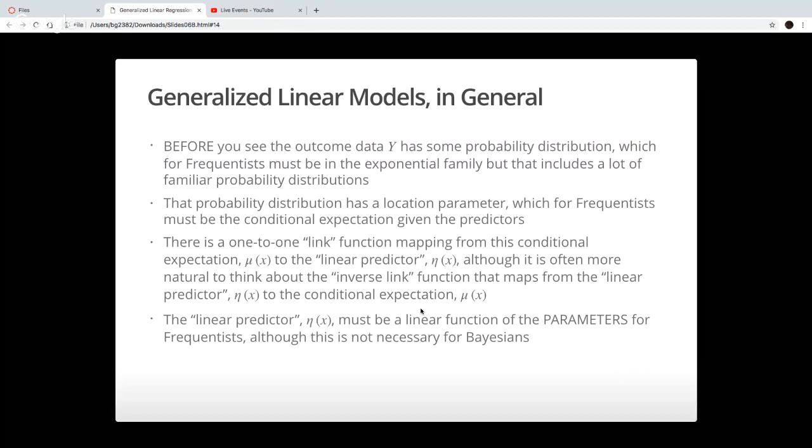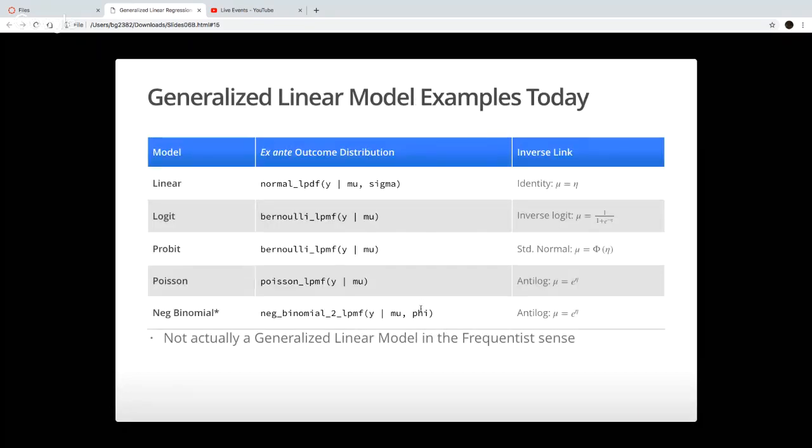With Bayesian, you can relax a lot of this stuff. You're estimating it using Stan, either way. So you can estimate the ancillary parameters, and things don't have to be totally linear or anything like that.